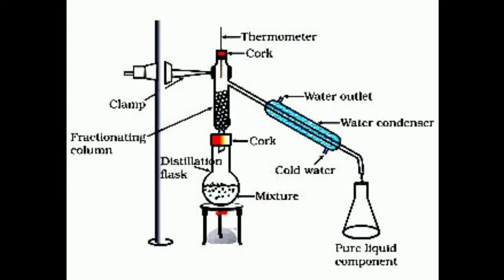And see, the vapors of high boiling liquids will rise up but get condensed, releasing energy, and that will be taken up by the vapors of low boiling liquids, which means that by using the fractionating column, both evaporation and condensation will occur simultaneously.